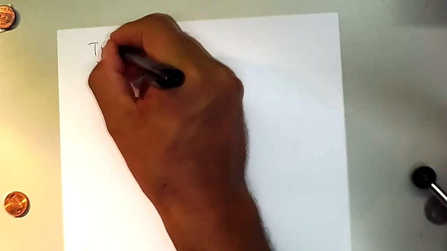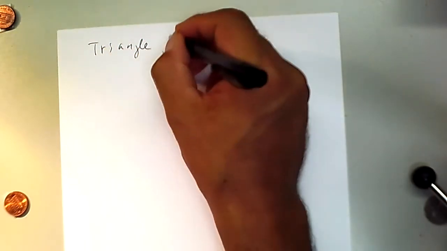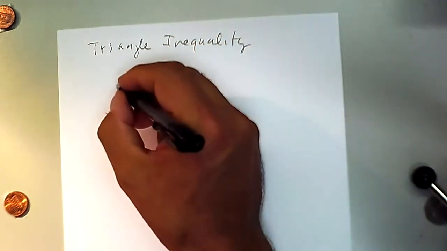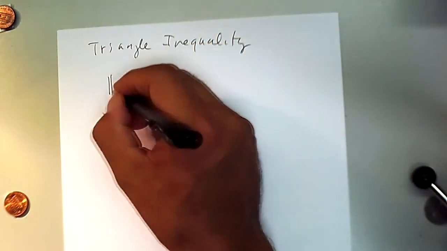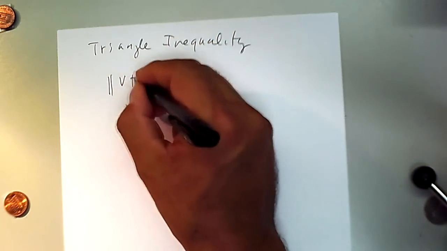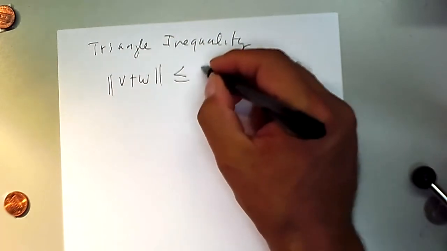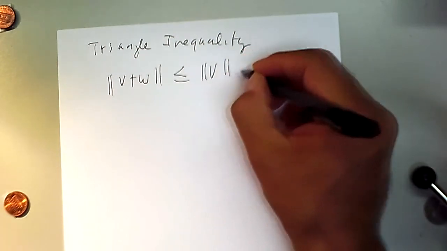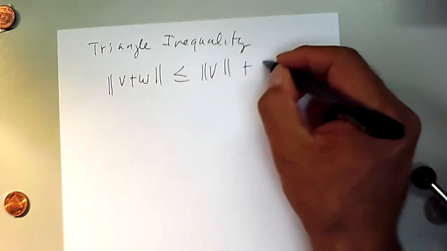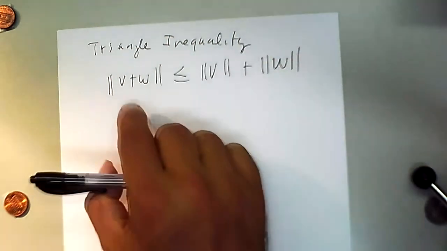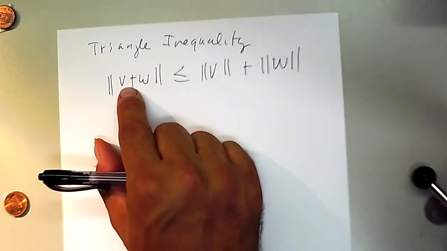And we also have the triangle inequality. The length of V plus W has to be less than or equal to the sum of the two individual lengths.